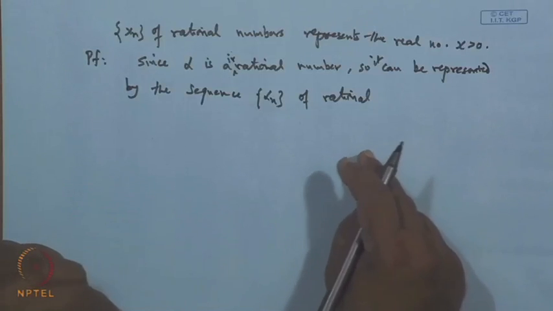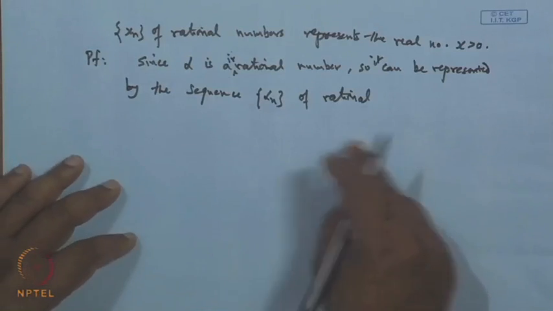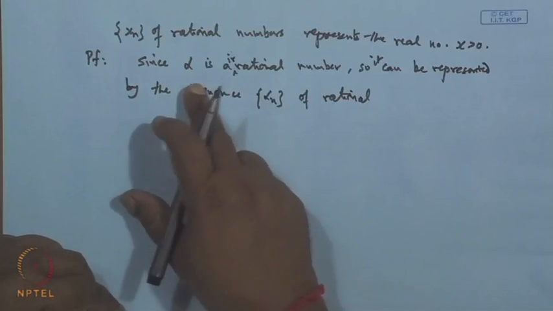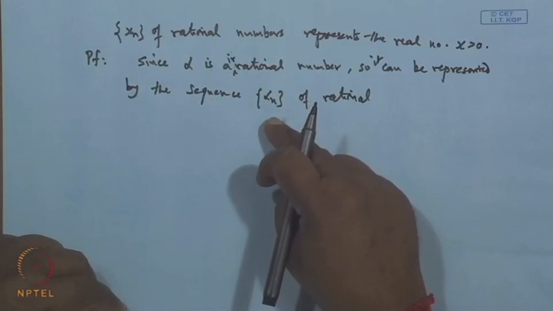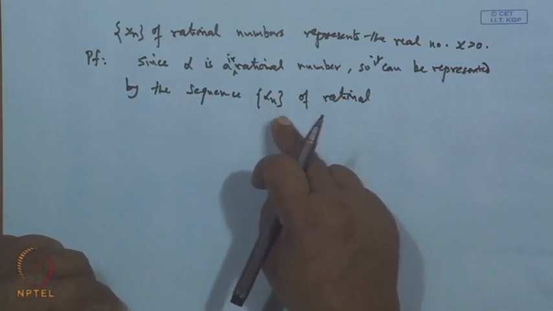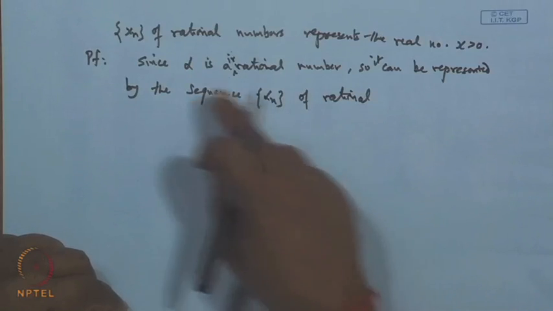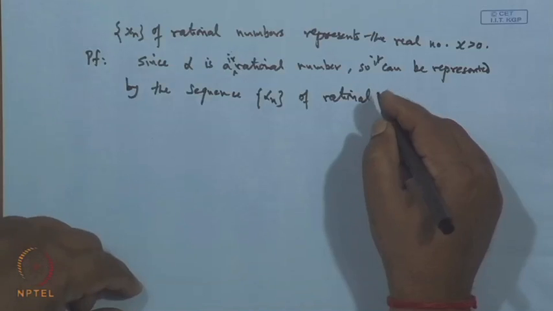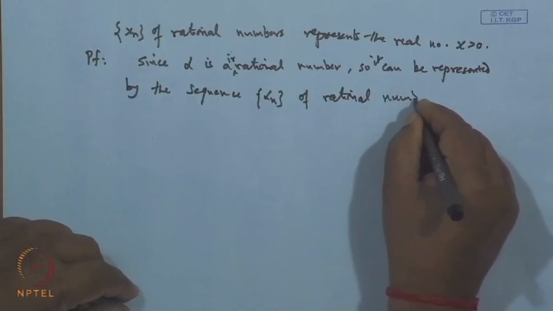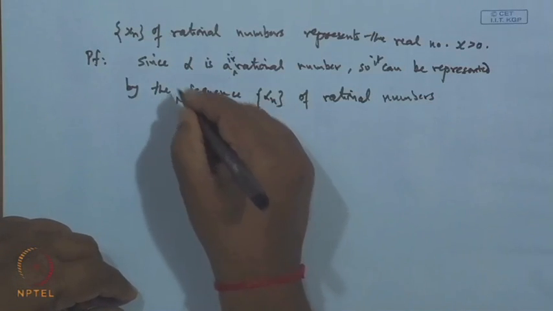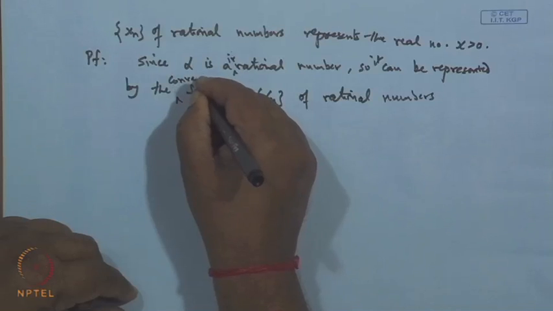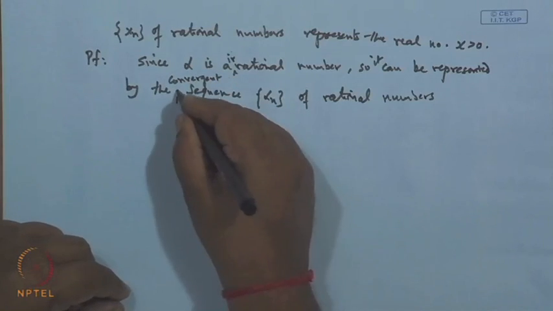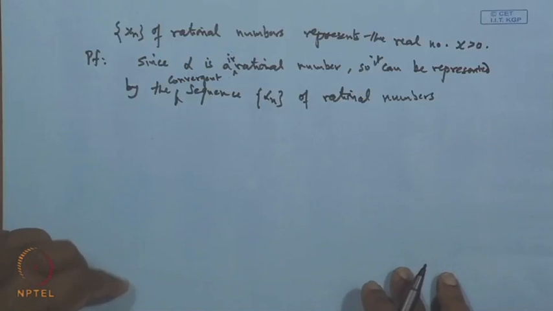Any convergent sequence of rational numbers represents either a rational or an irrational number and vice versa. So, if alpha is a real number, we can identify a convergent sequence alpha n which represents alpha. So, it can be represented by a convergent sequence alpha n of rational numbers; that is important.